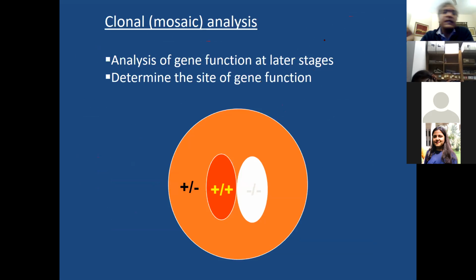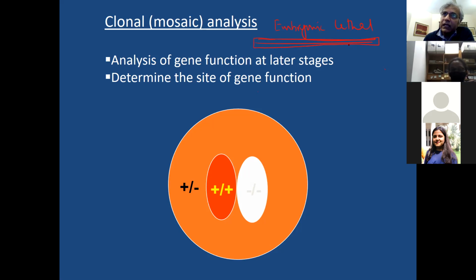Now this is the assignment I gave you already. So I expect you have done this. If your mutation is lethal, if your mutation is embryonic lethal, and you don't have temperature sensitive mutations, because these are tricky to generate, is it possible that you can study this particular gene, when the mutant is showing lethality or death at embryonic stage?